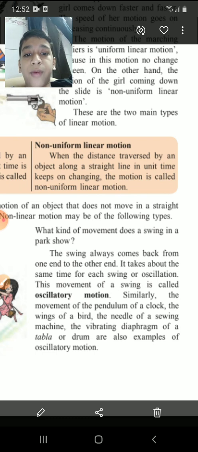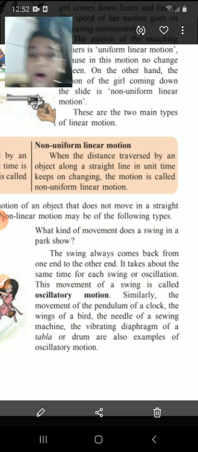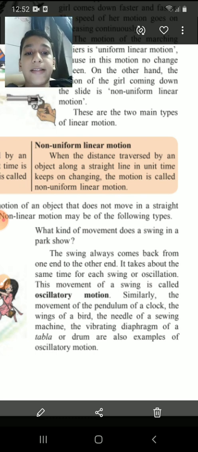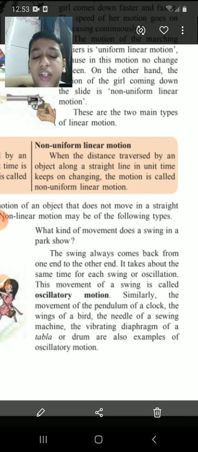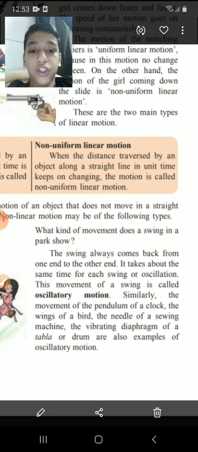What kind of movement does a swing in a park show? The swing always comes back from one end to the other end. It takes about the same time for each swing or oscillation. This movement of a swing is called oscillatory motion.